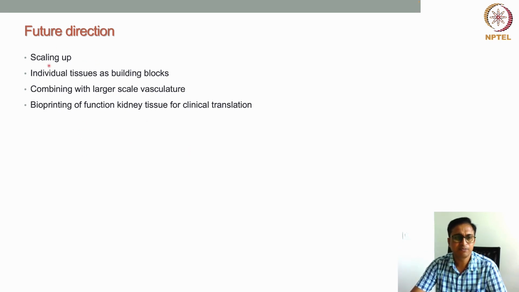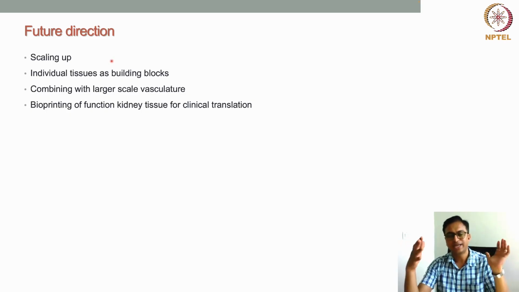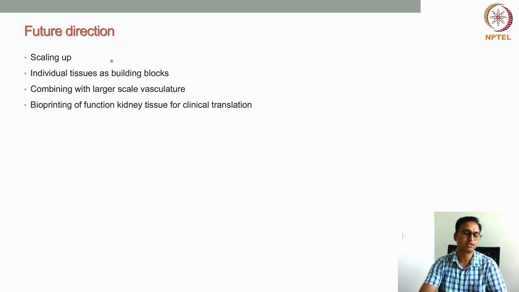Scaling up is a major challenge, because most of these works are either in a microfluidic chip or at a small, micro scale. To scale up and produce the whole kidney is a humongous challenge. So scaling up those functional units into a fully functional kidney is the major challenge.